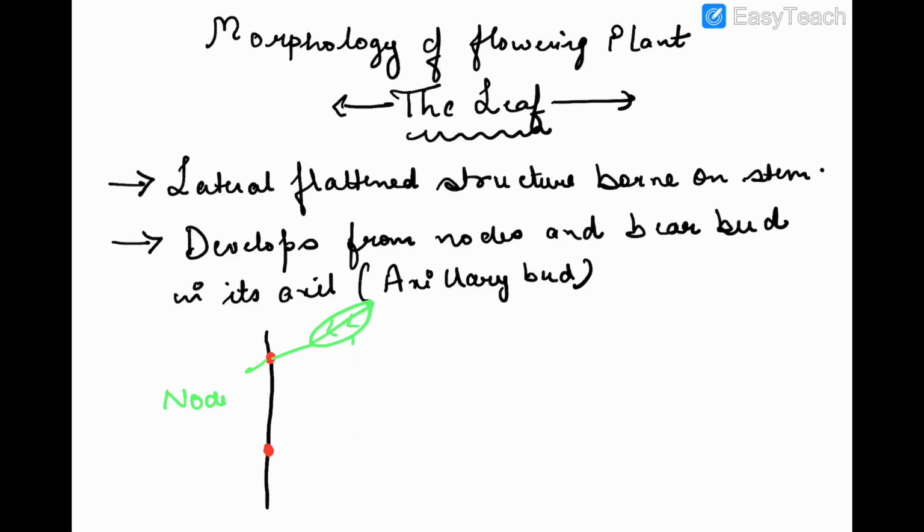This is the leaf which has arisen from the node, and in between the node and the stem, here lies the axillary bud. So leaf develops from node, and in the axil here is present the axillary bud.